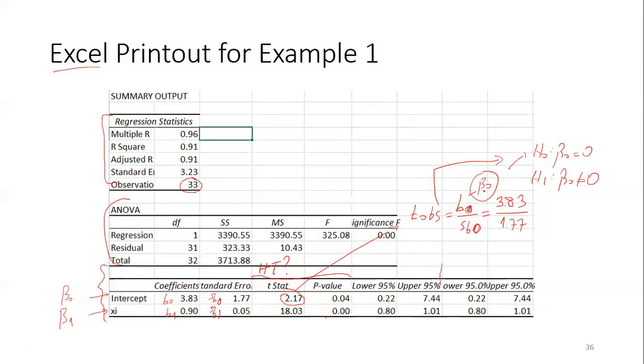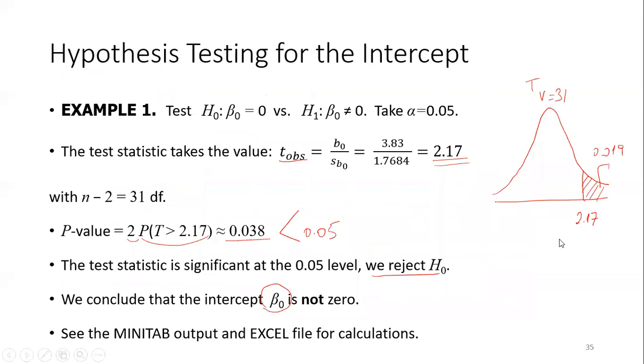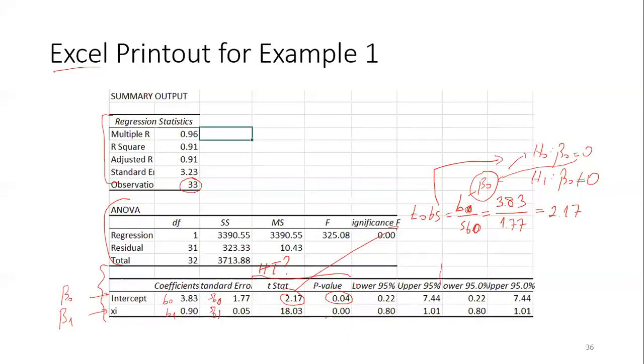So b0 minus beta 0, where beta 0 comes from the hypothesis as 0, so this is b0 divided by S of b0, 3.83 divided by 1.77, that's 2.17. And what is the p-value? The p-value is 2 times the probability that t is greater than 2.17, the same thing that we found here. That's equal to 0.04, because we have 2 digits after the decimal point.